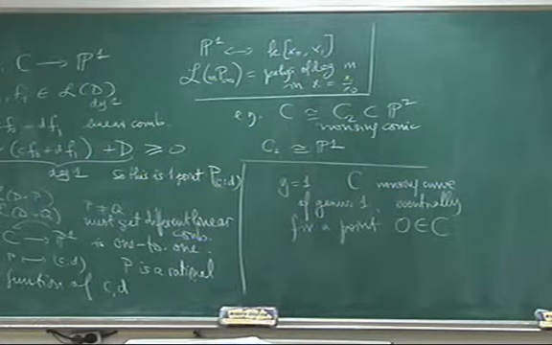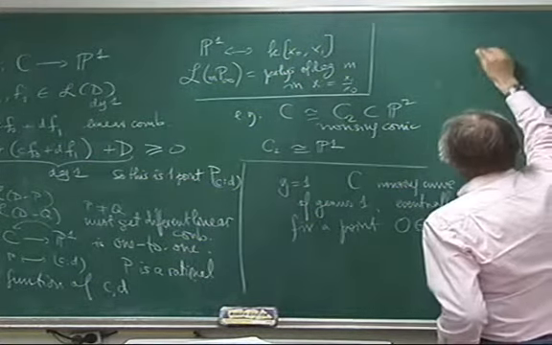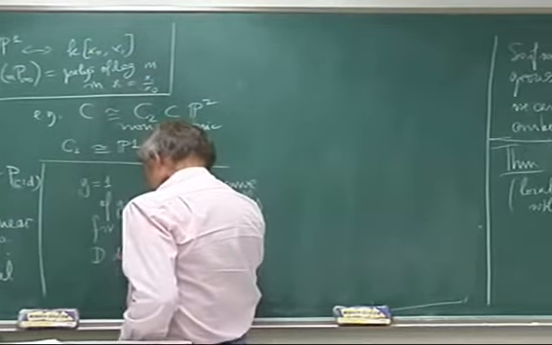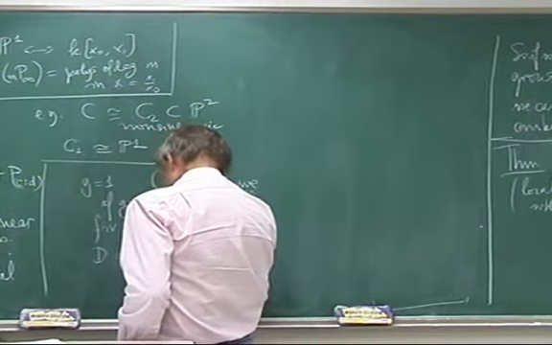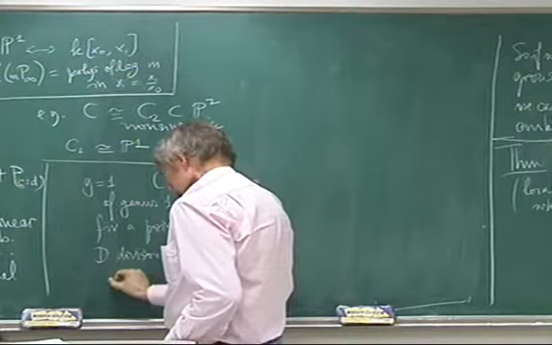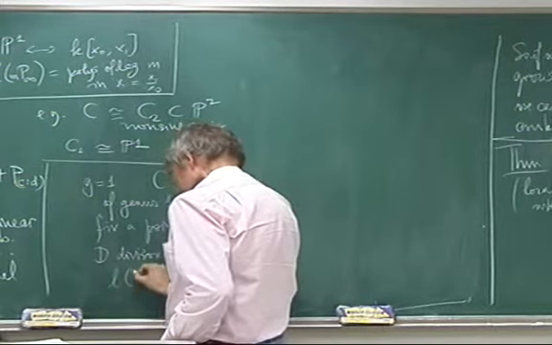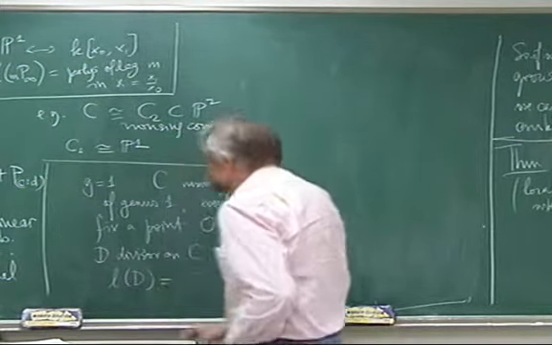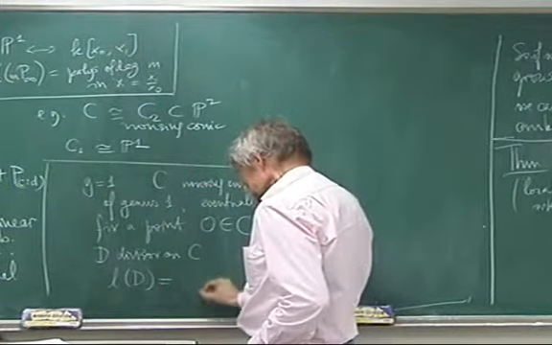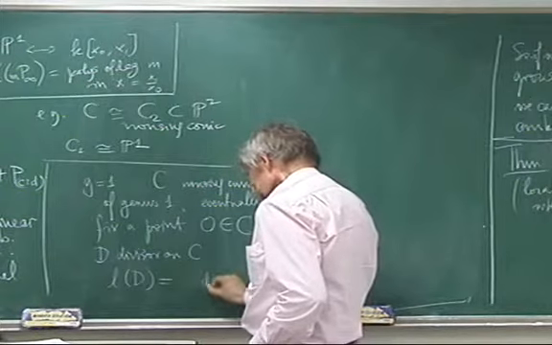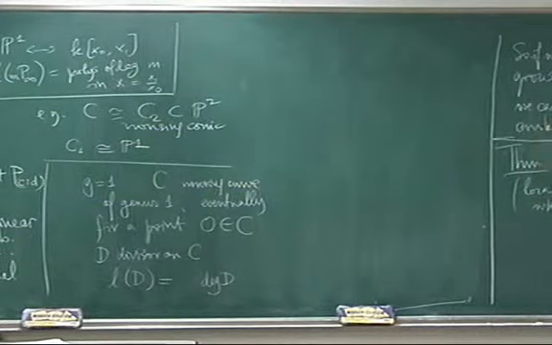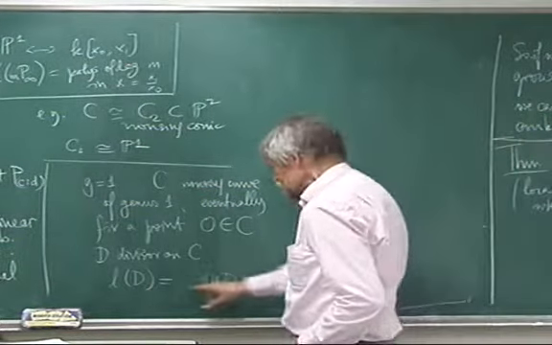So what can we say? I want to say, given a divisor D on C, then Riemann-Roch says l of D is equal to 1 minus the genus, so this is 1 minus 1 is 0, plus the degree of D. And when is this true?